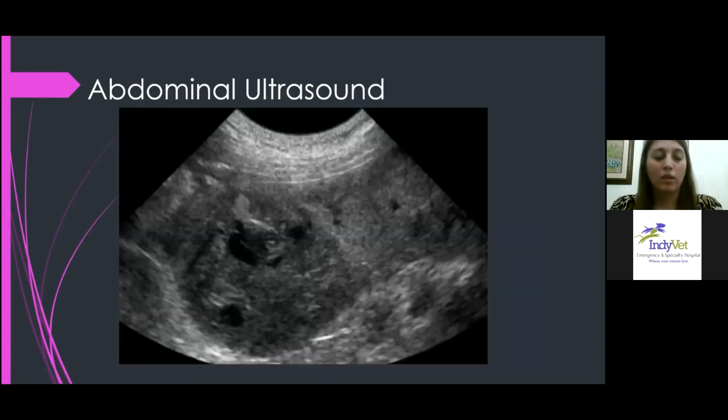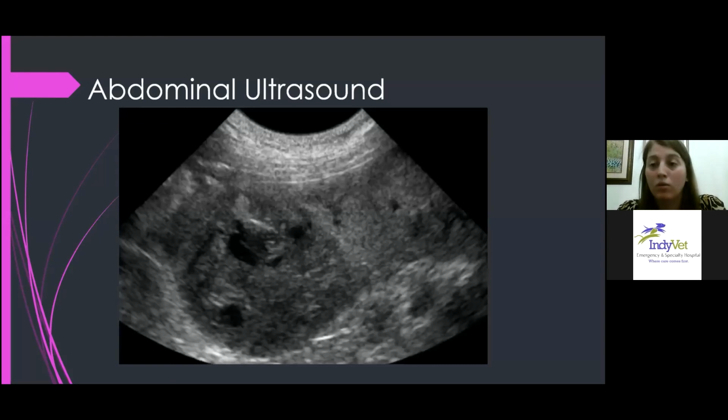Abdominal ultrasound is the first line diagnostic for diagnosis and staging. It allows us to evaluate the internal structure of organs and better evaluate body cavities, especially if there's effusion present. It helps with localizing lesions, and a normal appearance on ultrasound doesn't exclude cancer.